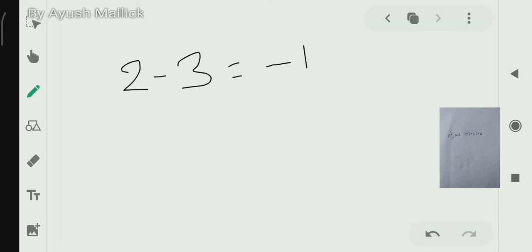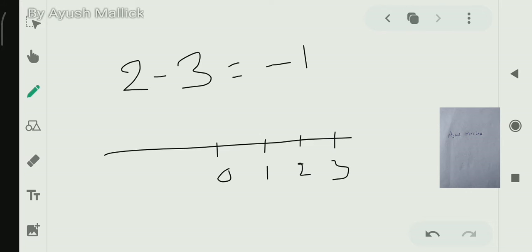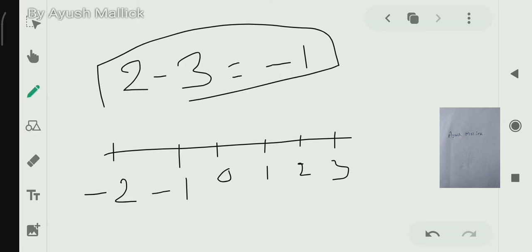So let us see it on the number line. This is our 0, this is positive 1, positive 2, positive 3, and to the left we have negative 1 and negative 2. The question is 2 minus 3. The first term is where we start, so from here we start our journey.